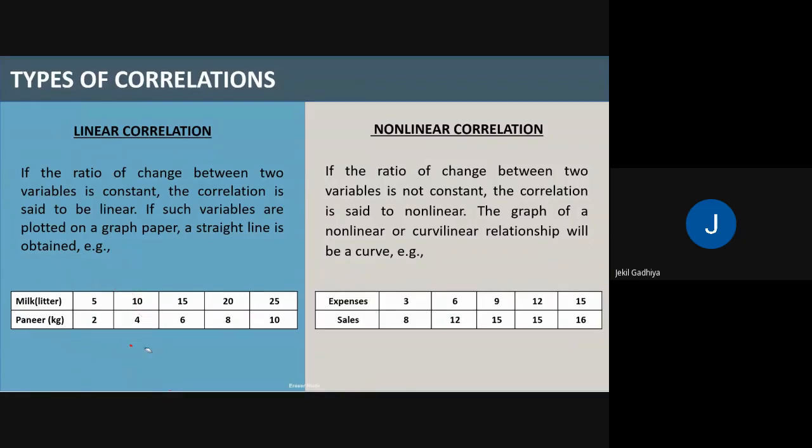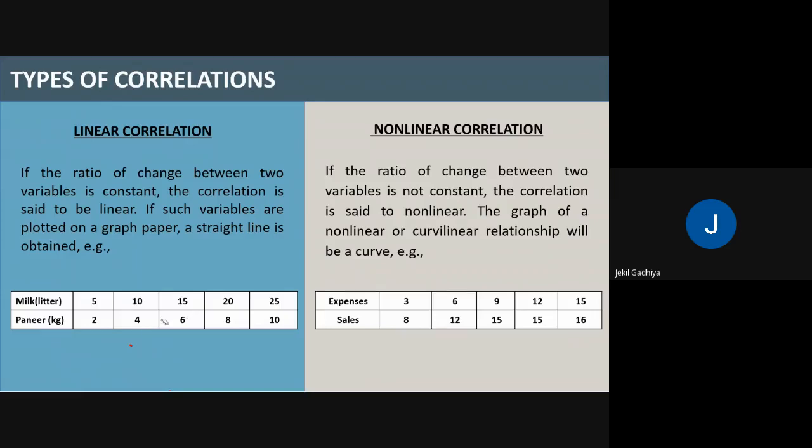Second, if you try to connect it with AP and GP, there is no meaning in this. 5 by 2, which you have shown as an example.